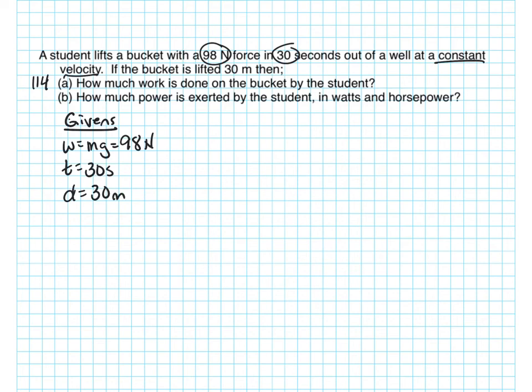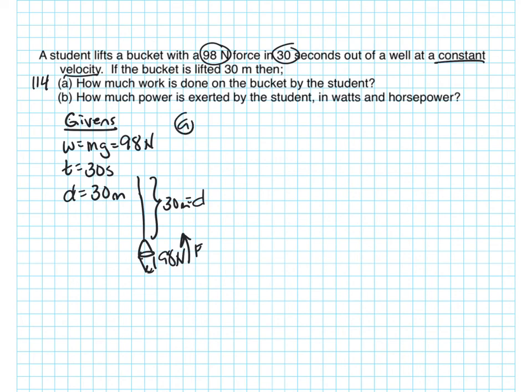All right, so if I think about this, I'm going to have this bucket, and the bucket's lifted up 30 meters, and the bucket is 98 newtons. Since it's moved at constant speed, that's the force it takes to lift it up, 98 newtons. And that is the distance. Well, that's great.